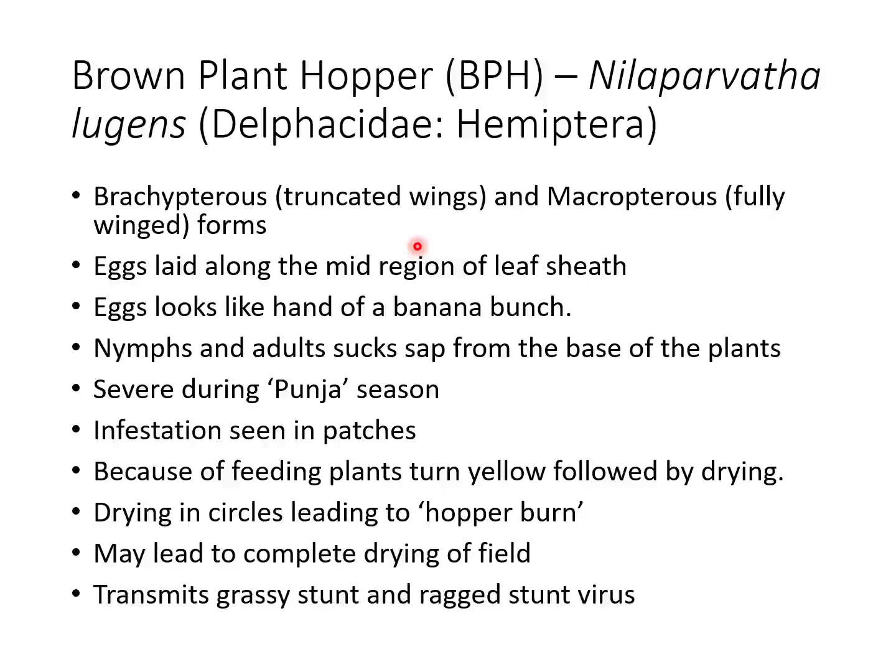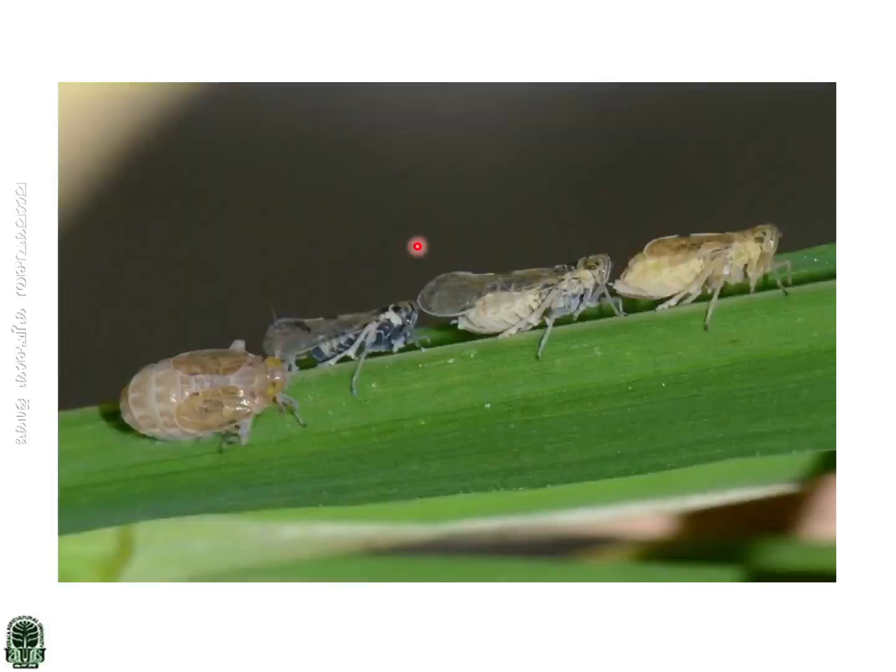If you have seen any hopper burn, check the base of the plant for any insect. If we are not taking control measures properly, it will lead to complete drying up of the field, and it is a vector of viral diseases such as grassy stunt and ragged stunt virus.